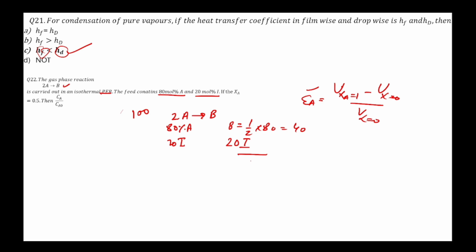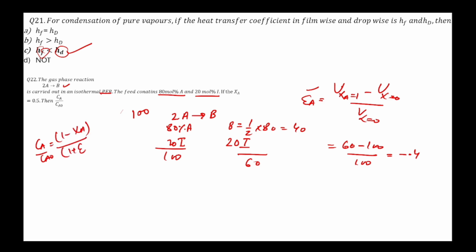So at the end 60, initial 100. So 60 minus 100 upon 100 is equal to minus 0.4. Okay, now CA by CA naught is equal to (1 minus XA) upon (1 plus epsilon A XA). Put the value, you will get the answer.